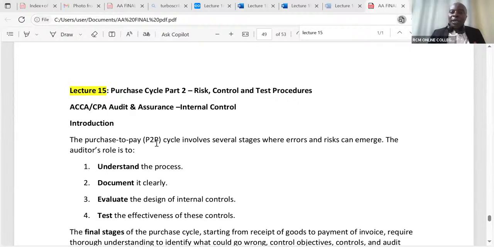Now, introduction. First of all, we start with the reminders. The purchase to pay cycle involves several stages where errors and risks can emerge. The auditor's role, remember, ladies and gentlemen, in any control systems: we are not charged with the responsibility of designing and implementing internal control systems of our clients. No. Our role, as pertains to internal controls of any entity that we audit, is to ensure that we understand the controls.